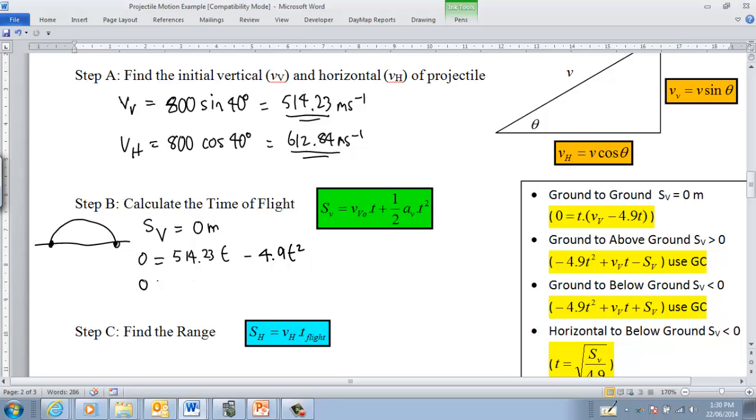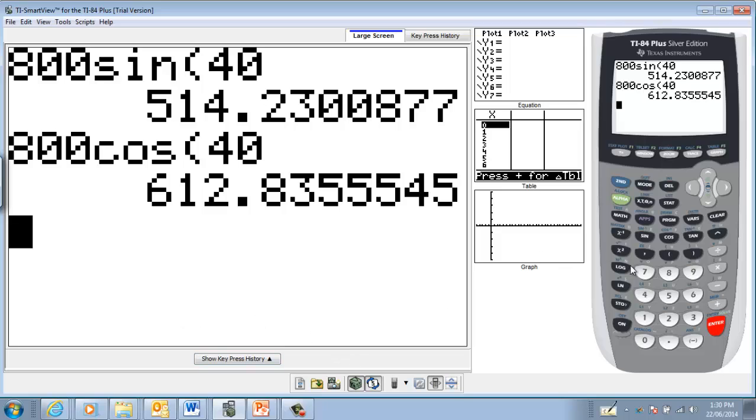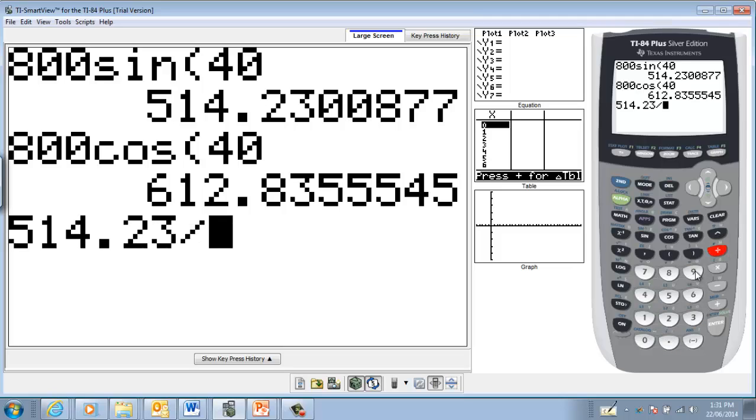So if we bring out a common factor of t, then we're left with 514.23 take 4.9t. So therefore, t is going to be equal to 0, or, if you do the algebra here, 514.23 divided by 4.9. So let's just do that. 514.23, divide that by 9.8.